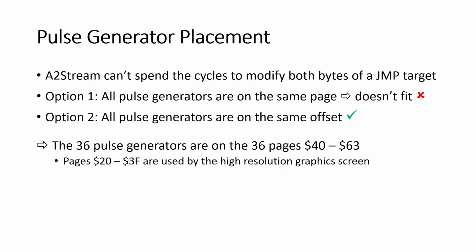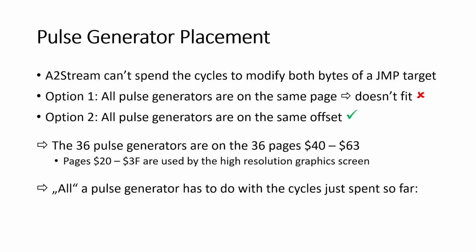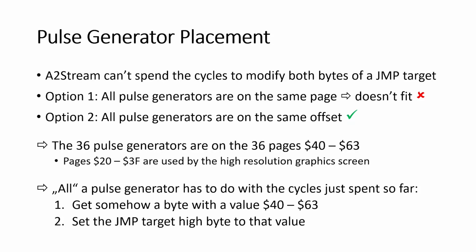So the 36 pulse generators are on the 36 pages of hex 40 to hex 63. This is just behind the high-resolution graphics screen. So all a pulse generator has to do with the cycles so far just spent would be to first get somehow a byte with a value between hex 40 and hex 63, and then set the jump target high byte to that value.